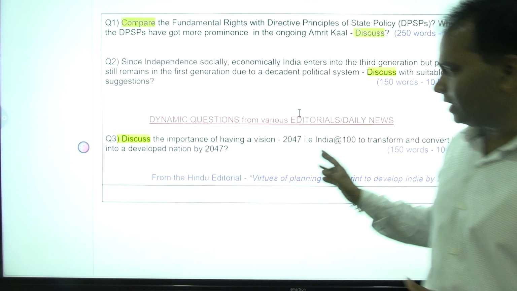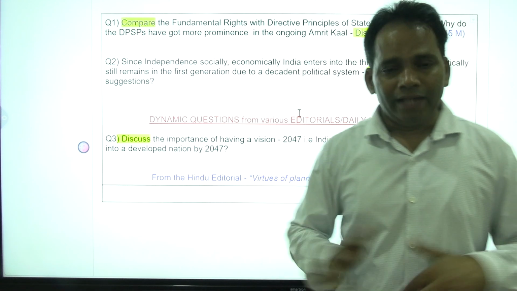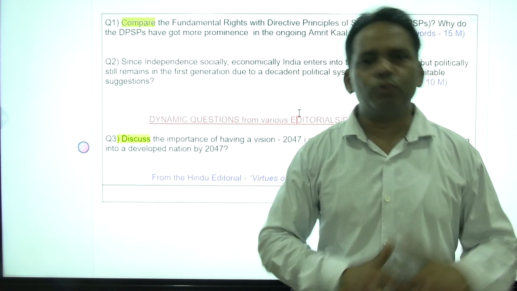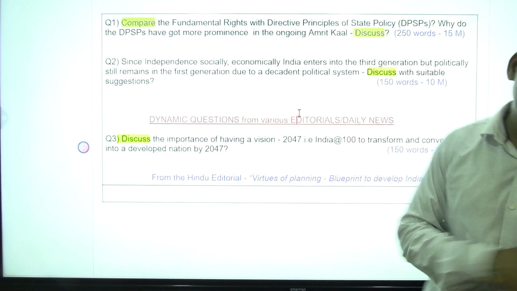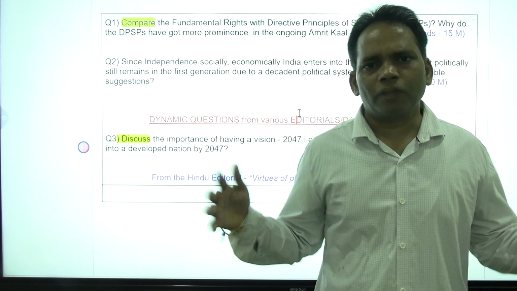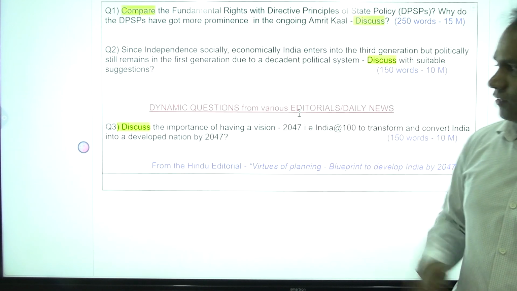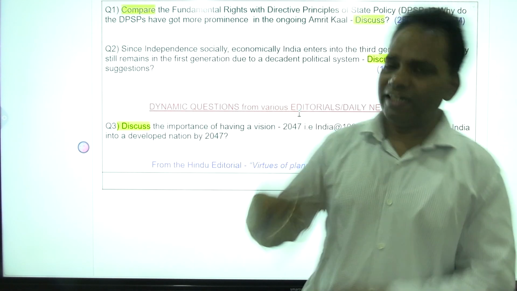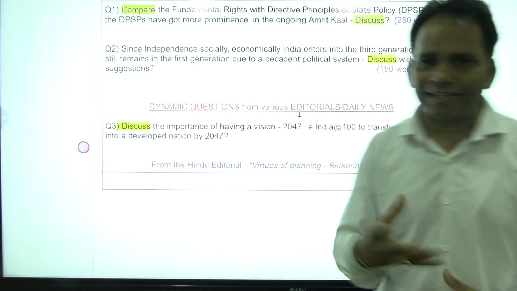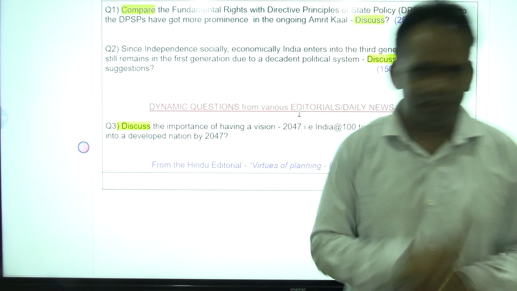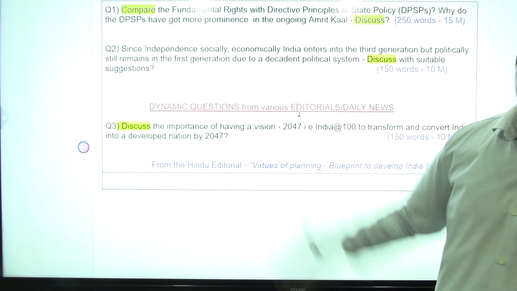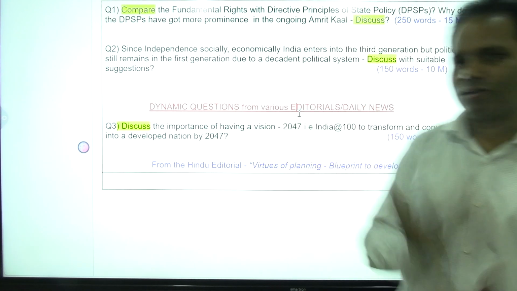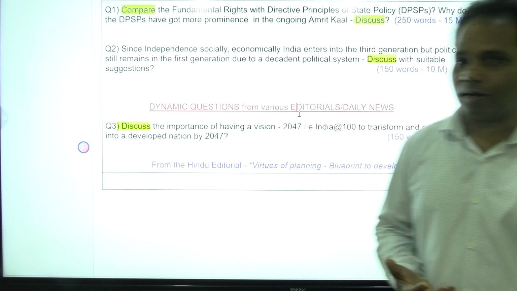Another important thing is that India is a highly diversified nation. A huge social diversity is there, economic diversity is there, various political diversities are there. A huge subcontinent in size. That's why overall India is going to become the third largest or second largest economy by 2047, no doubt at all. But what about the micro level? At the macro level, on average, India will become a $30 trillion economy.